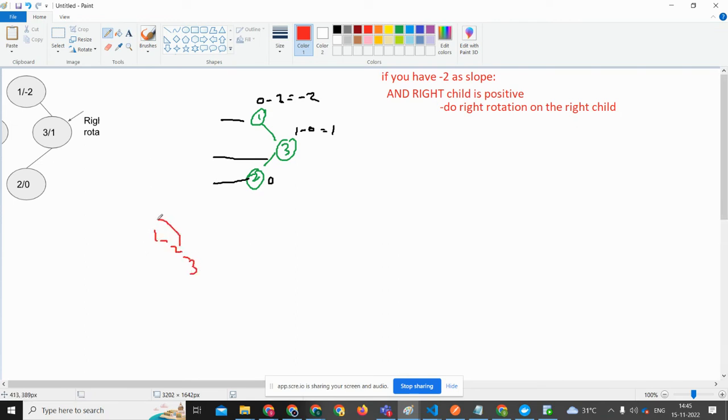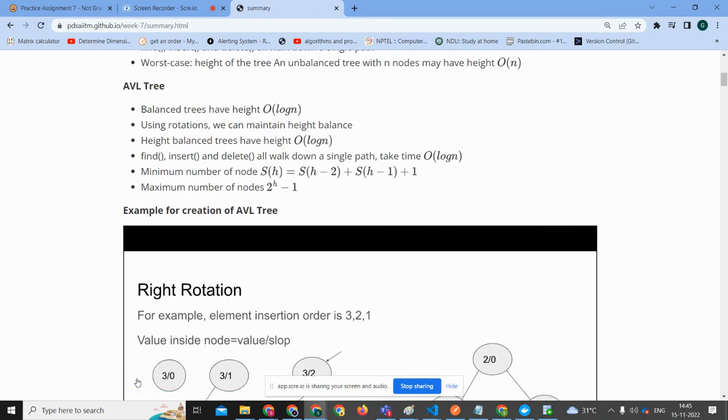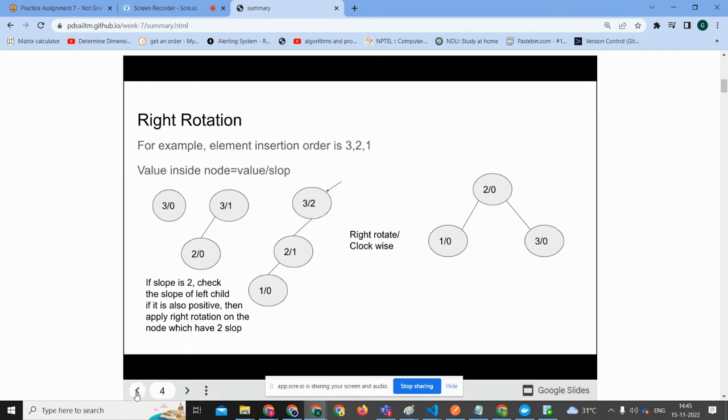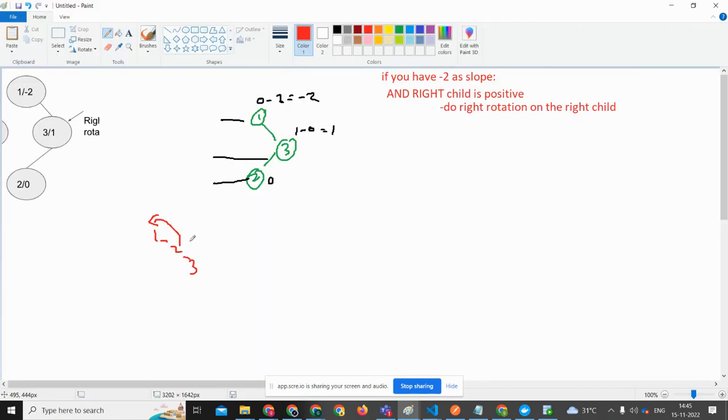See, if we have it like this, so from here to here, if you're doing this, is that right or left? Left rotation means you're taking the value towards the left. Correct? It's a left rotation. Right rotation means 3 to 1, clockwise, taking it towards the right. Correct? Yes. This is right rotation.